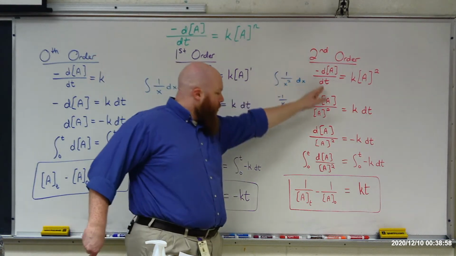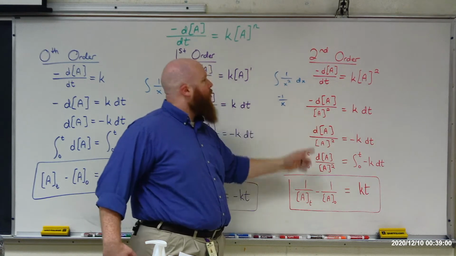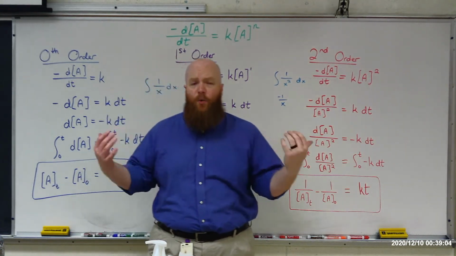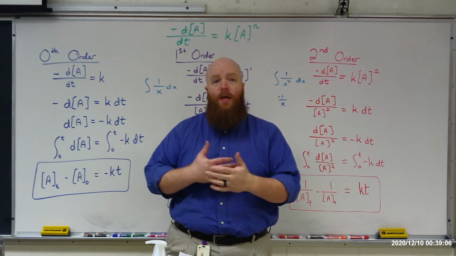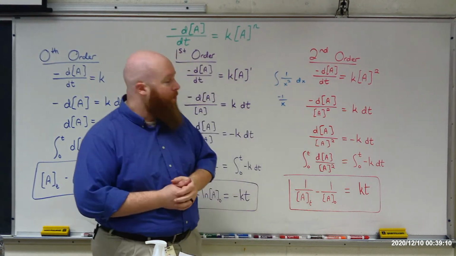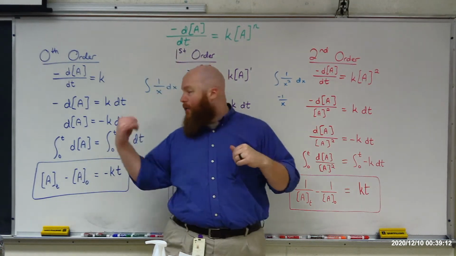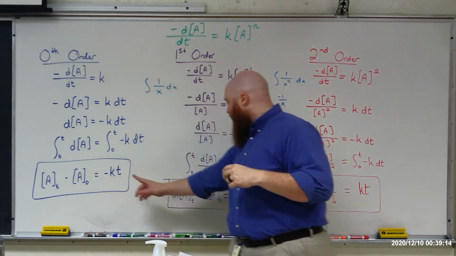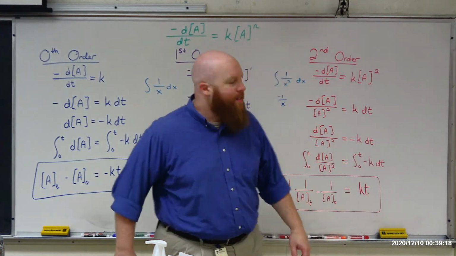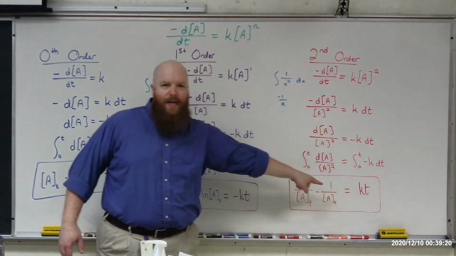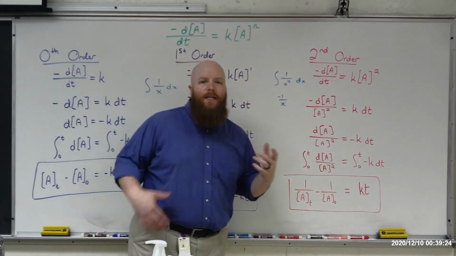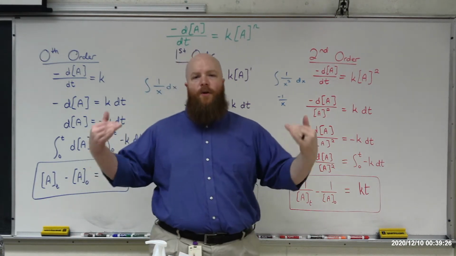And likewise, I can only use this one if the reaction is 2nd order with respect to that reactant. I don't want to mix up these equations. I want to make sure I remember which one is which. And then also keep in mind, your 1st order and your 0th order both had a negative kt on the right side. 2nd order has a positive kt on the right side. Don't get those confused.